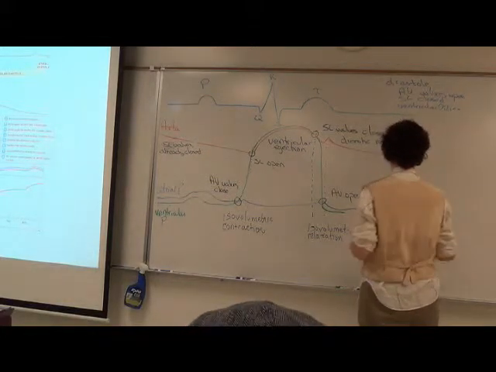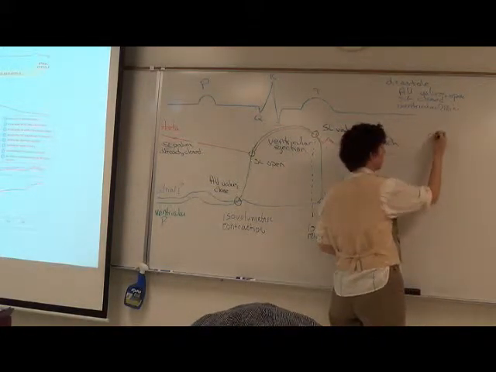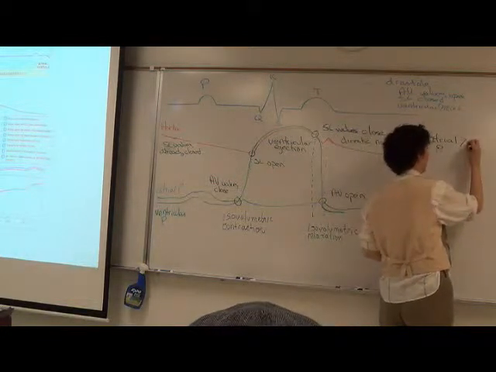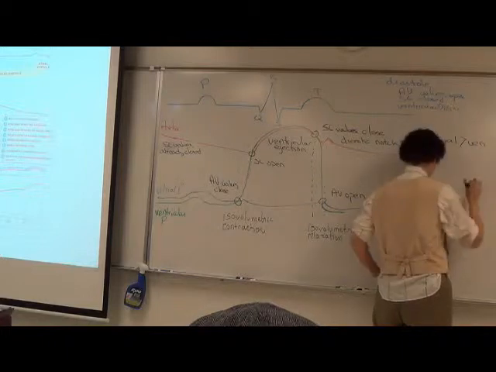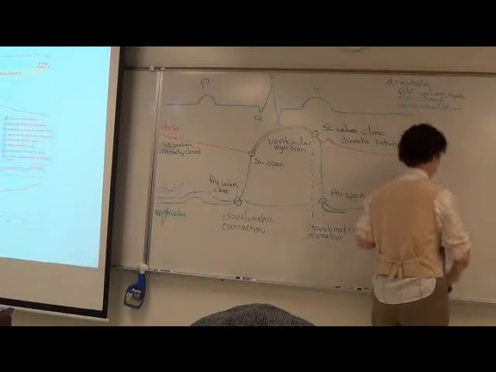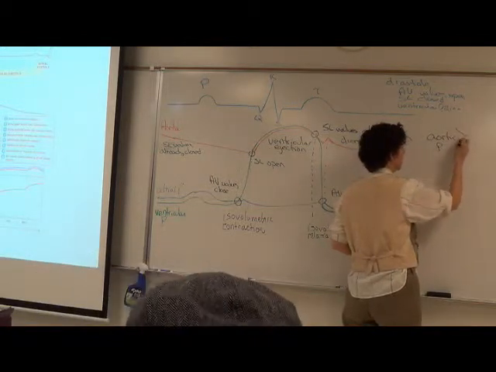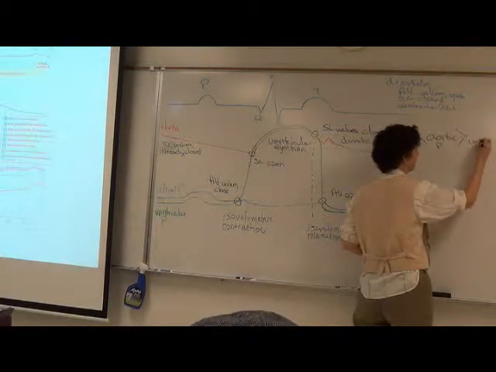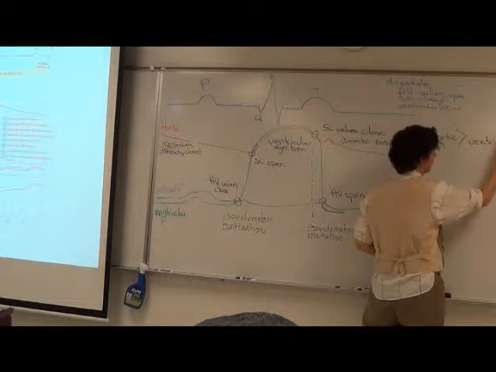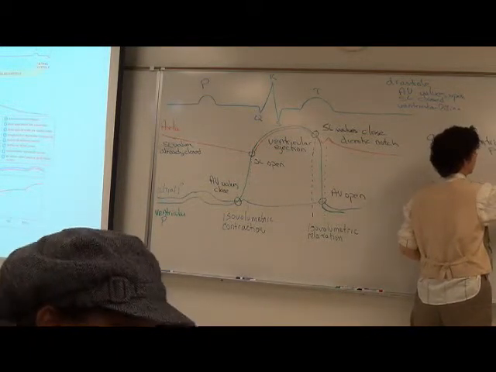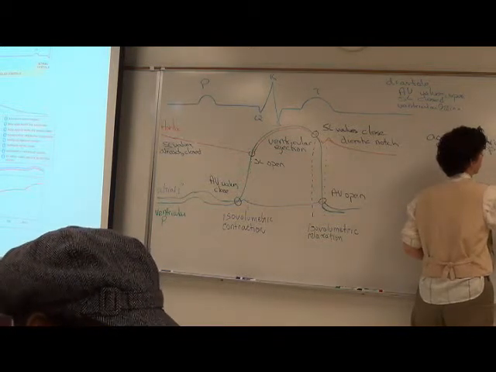And so if I said that aortic pressure is greater than ventricular pressure, it would be the left ventricle, obviously, and that's greater than atrial pressure.